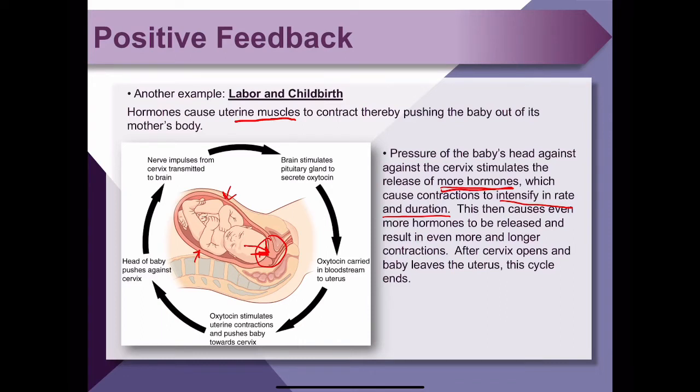So the more the baby pushes against the cervix, the harder the uterus is pushing for the baby to come out. Okay, so that's why this is an intensifying and enhancing cycle that allows for the baby to be pushed out.